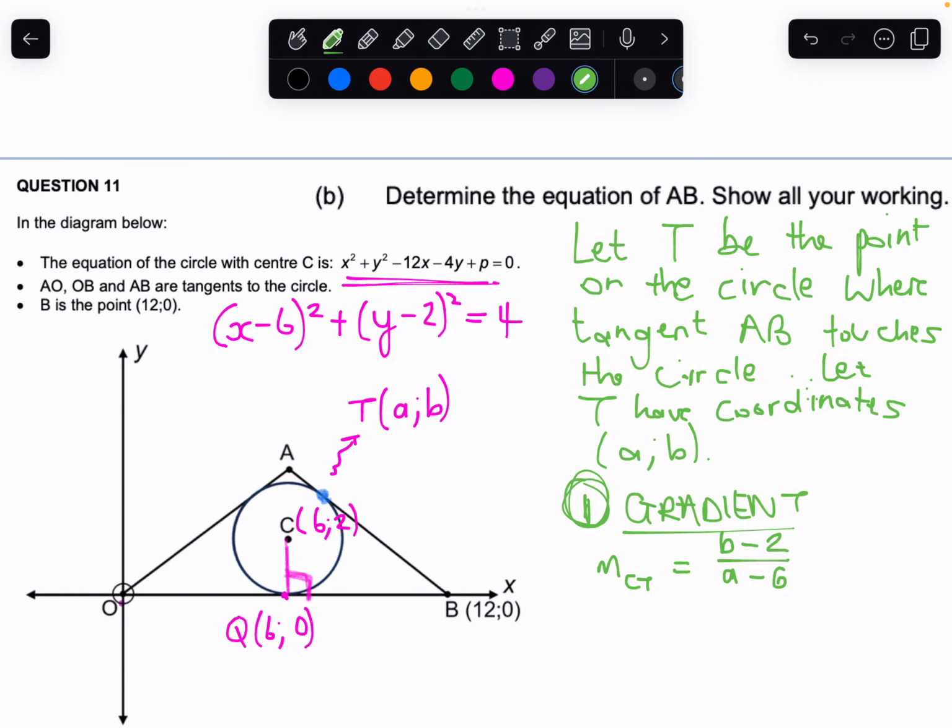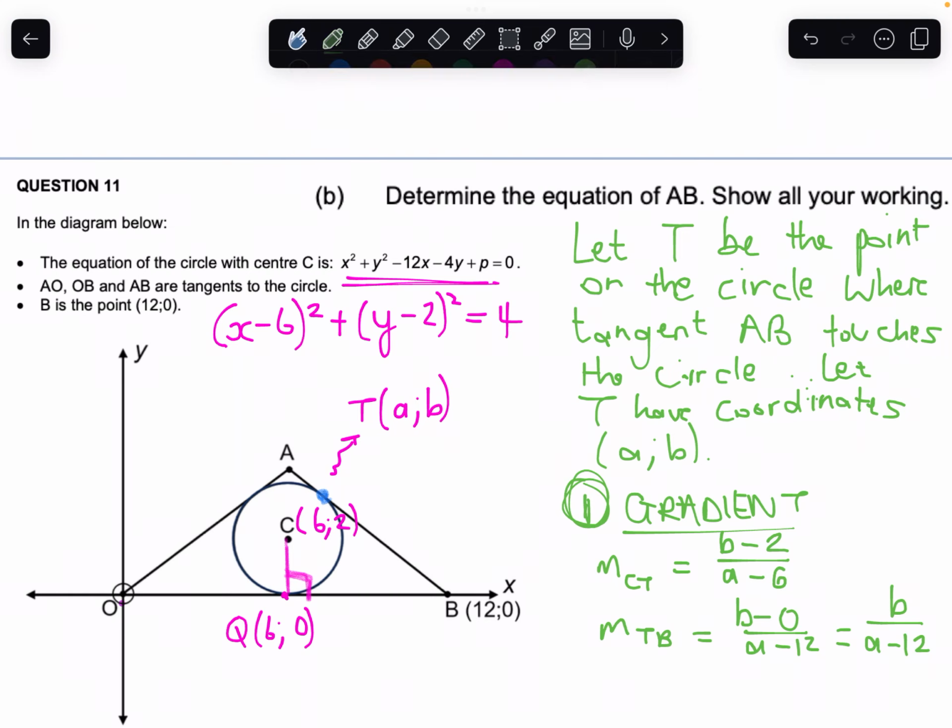And the gradient of TB, oh, this might not be as nice and clean as I had hoped, is going to be b minus 0 over a minus 12, or b over a minus 12, right?